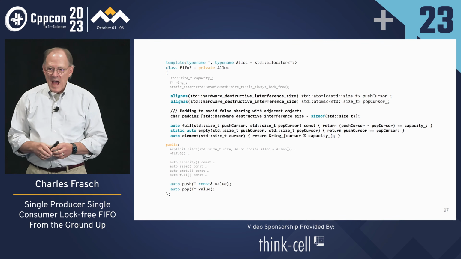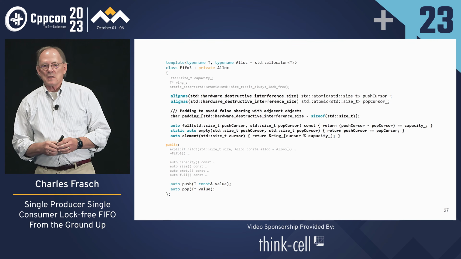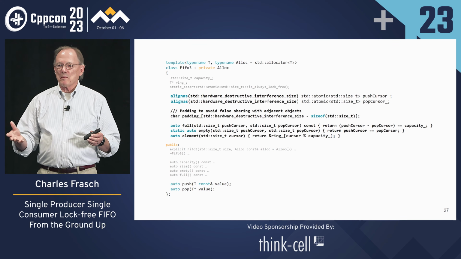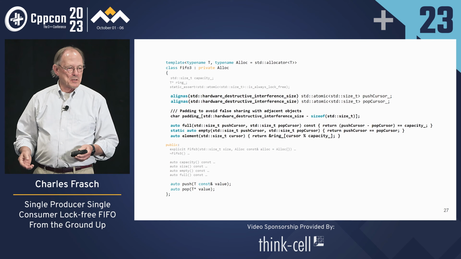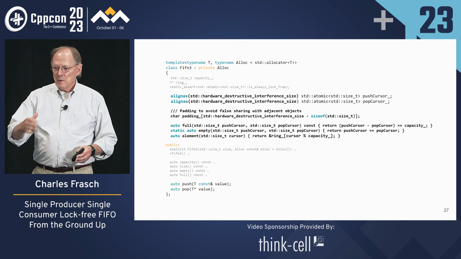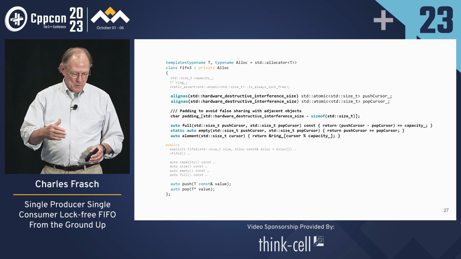We also add some padding after the pop cursor to ensure there's not some accidental false sharing by something that happens to show up, say on the stack, or in a larger class, on the same cache line as the pop cursor.